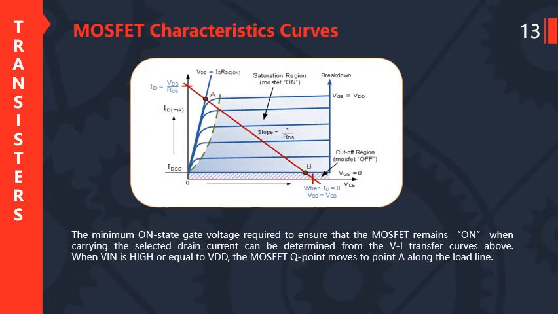The minimum on-state gate voltage required to ensure that the MOSFET remains on when carrying the selected drain current can be determined from the VI transfer curve above. When Vin is high, or equal to VDD, the MOSFET Q point moves to point A along the load line.